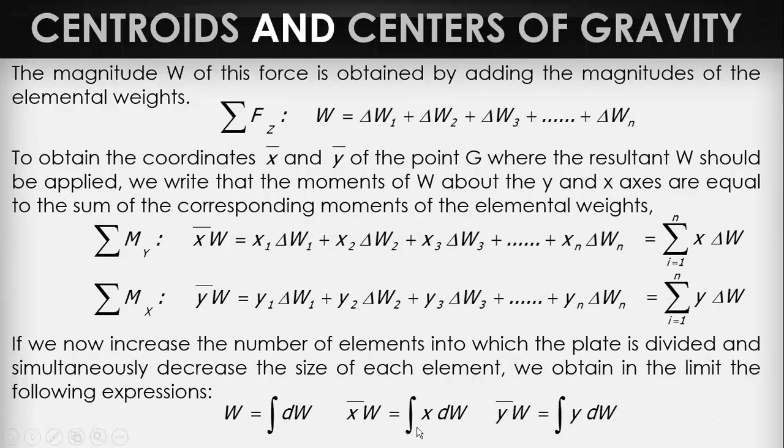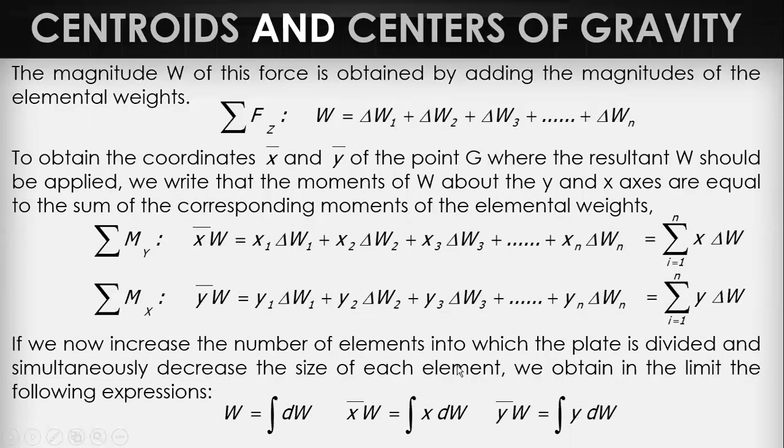So these will be the formulas that we are going to use if we will use the method of integration in determining the weight or locating the centroid. Okay? Now, we are going to use these expressions in determining the centroid of areas.